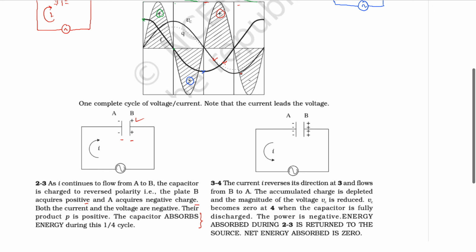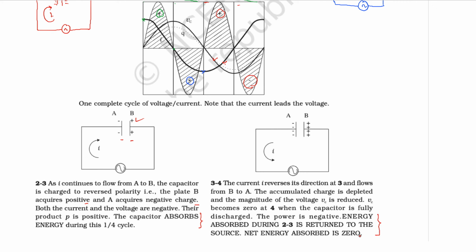Now see, voltage is going to reduce from its minimum to 0, and the current is positive. So voltage is negative, current is positive. This means power is negative in this case. The energy absorbed during 2 to 3 is now returned to the source, and the net energy absorbed is 0.